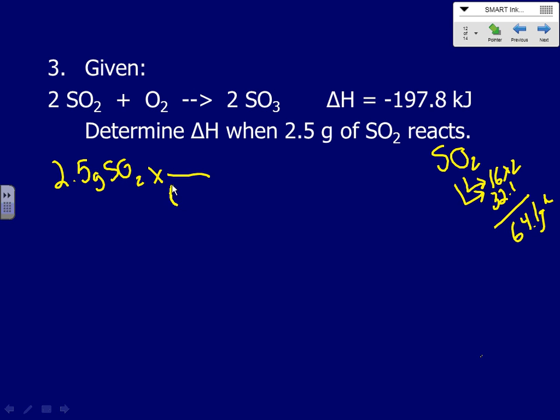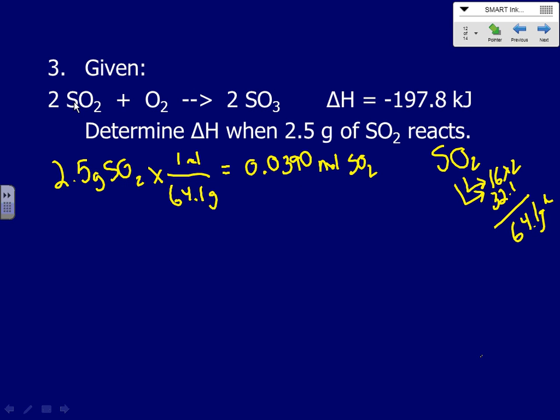So 2.5 grams, 64.1 grams per 1 mole. All right? So what do we get there? 2.5 divided by 64.1 equals 0.0390. I'm going to keep an extra digit and we'll round back. And that's moles of SO2. All right, so now what are we going to do with that?